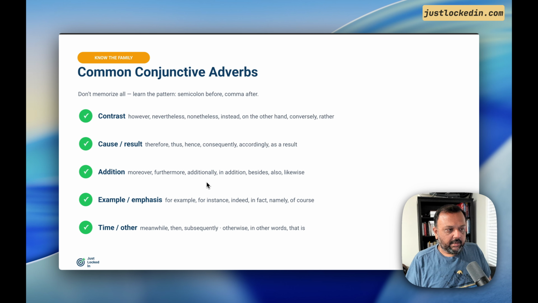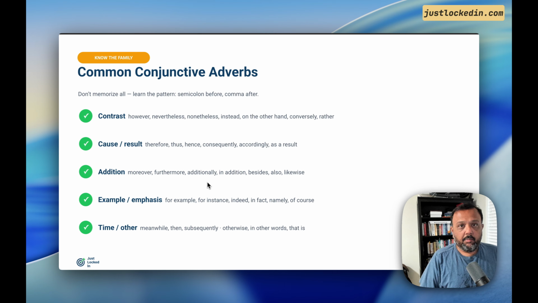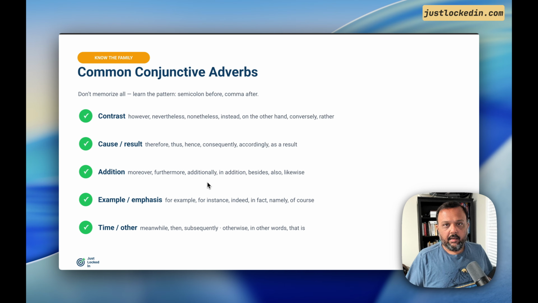So this semicolon and the conjunctive adverb rule, these things together, are all the rules that you need to know to join two independent clauses, at least for the SAT. We are not doing a full-fledged grammar course here.